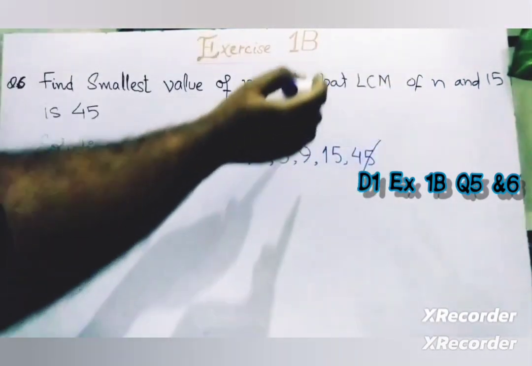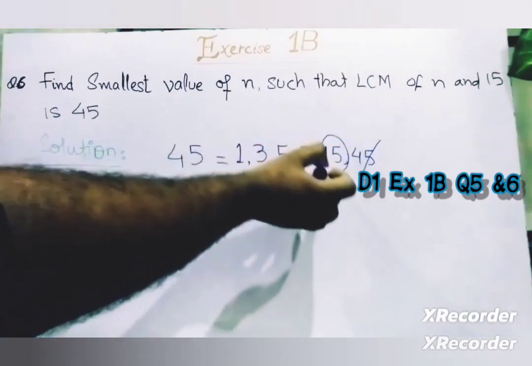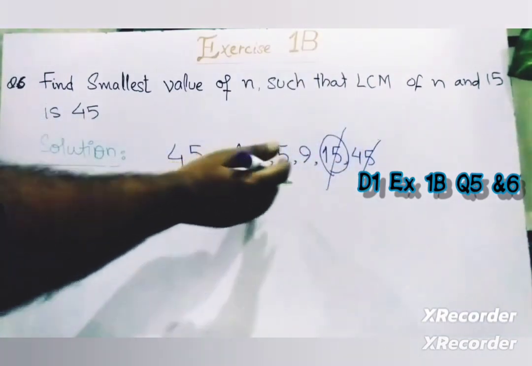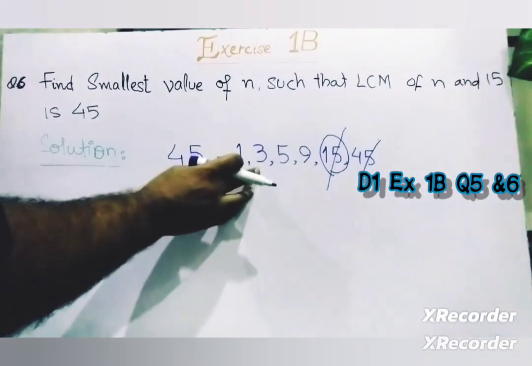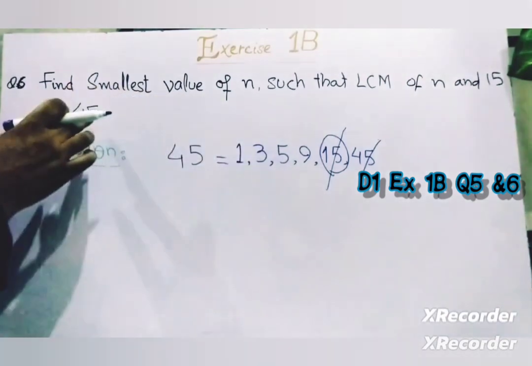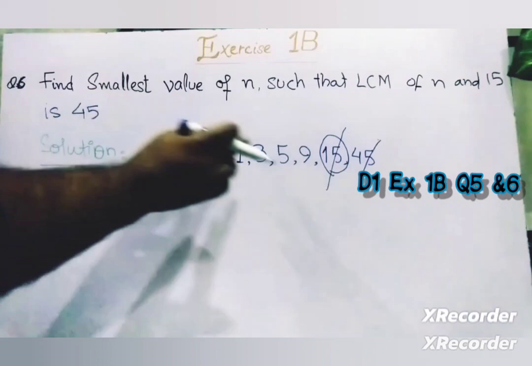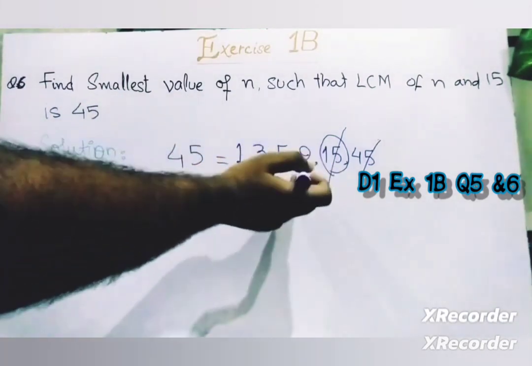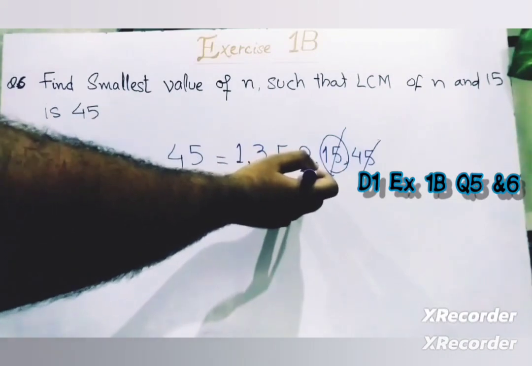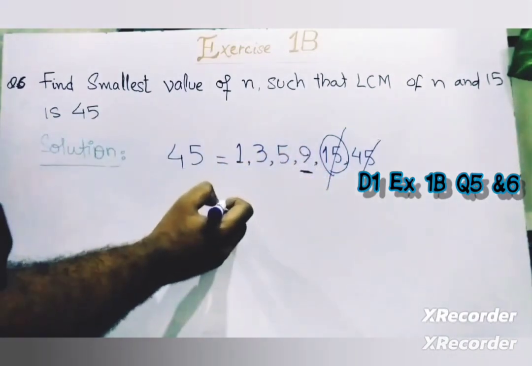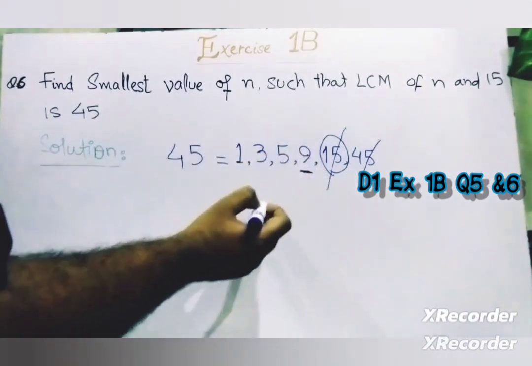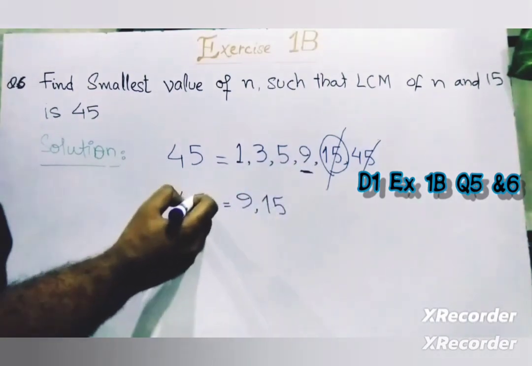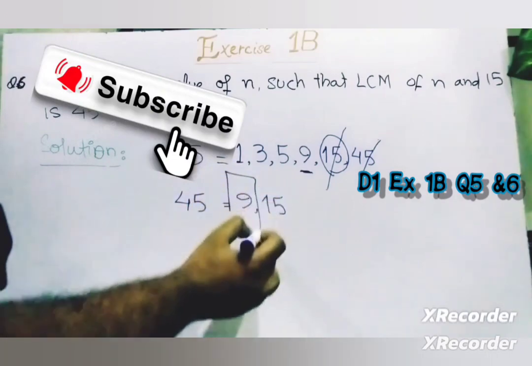One of the two numbers is already 15, so we cut the number 15. Now of the remaining numbers, if we take the number 3, the LCM will be 15, not 45. Similarly for number 5 and 15, the LCM will be 15. So this is our number, that is 9. So the LCM of 9 and 15 will give us number 45. That is our answer. Thank you.